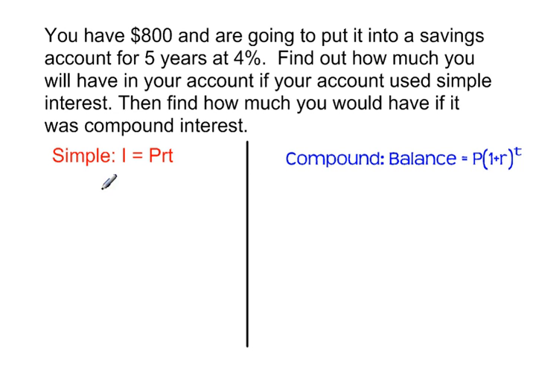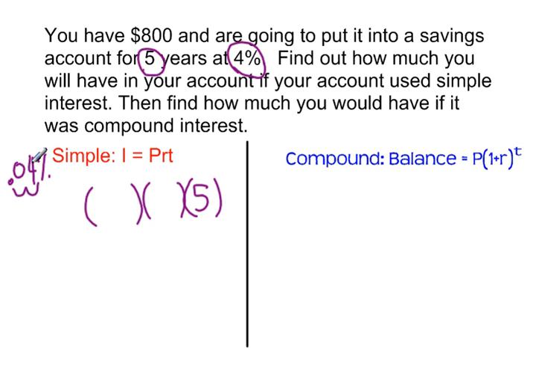So P stands for principal, R stands for rate, and T stands for time. Well, the time is 5 years. The rate is 4%, but I need to change 4% to a decimal. And remember, I do that by moving twice, 1, 2. So that's going to be 0.04. And the principal, the amount of money I originally put in, is 800.